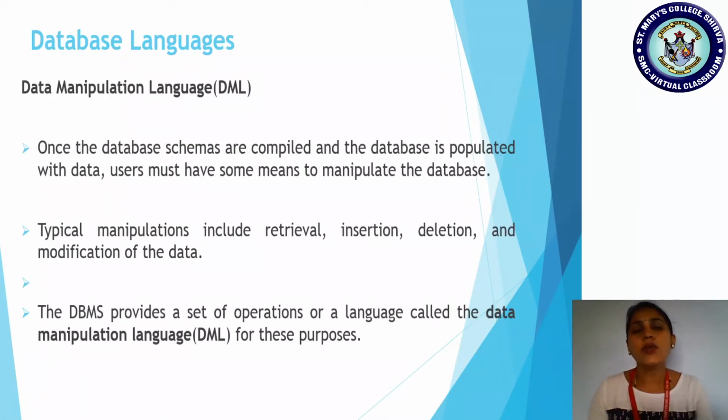Then let us now discuss the data manipulation language. It is a very important one, and it plays a very important role in the database environment. Once the database schemas are compiled and the database is populated with data, users must have some means to manipulate the database.